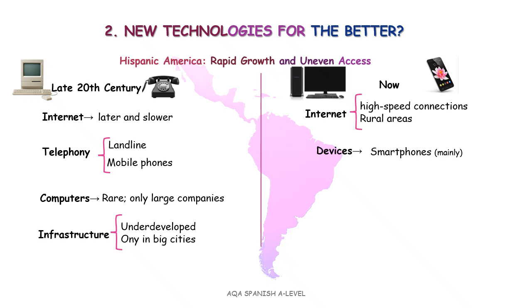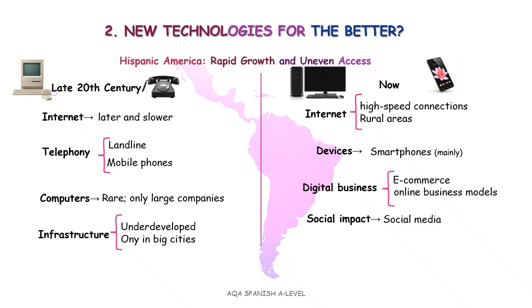Smartphones have become the main gateway to the internet, democratizing access to information and digital services. Digital business. The pandemic pushed companies of all sizes to go digital, boosting e-commerce and new online business models.